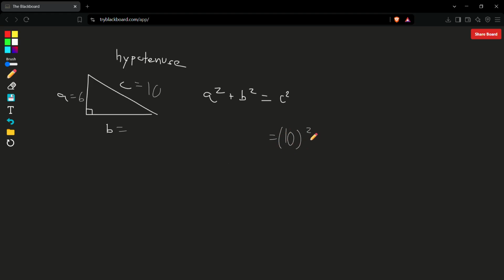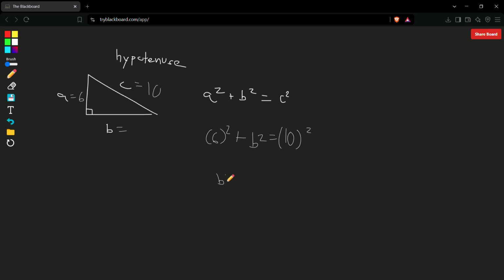So 10 squared equals 6 squared plus b squared. We need to isolate this b squared because that is the value that we want. So we have to transpose 6 squared to the other side of the equation.